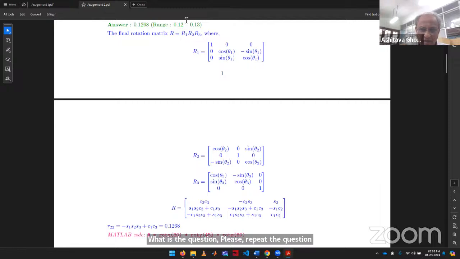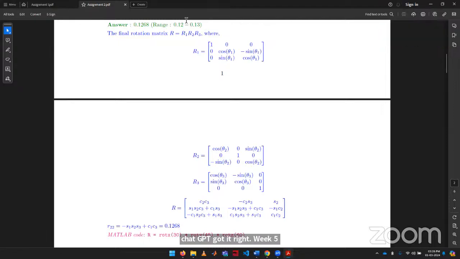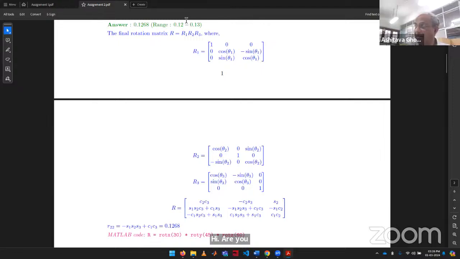There is one complication regarding the weekly assignments. Last week we were taught how to solve problems applying the same method. We tried solving questions in week 5 and submitted them, but most of the solutions were wrong. Students who submitted answers using ChatGPT got it right. Week 5 was last day, so Wednesday was the submission deadline.